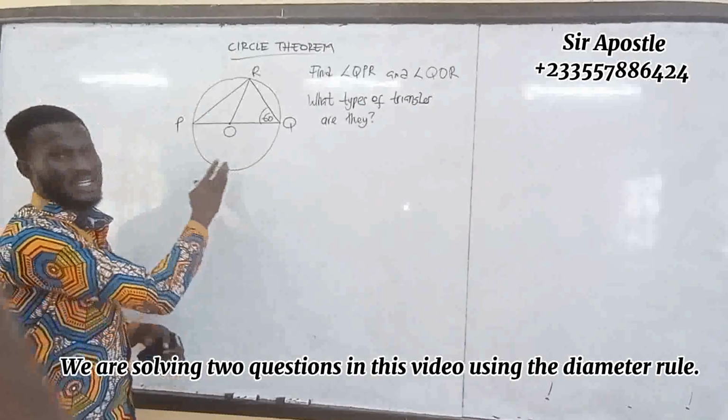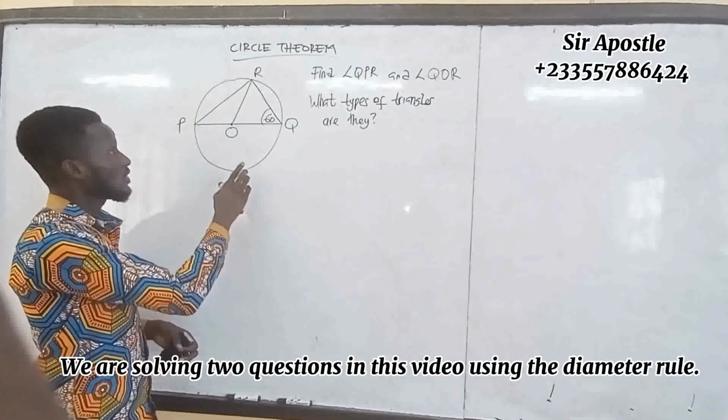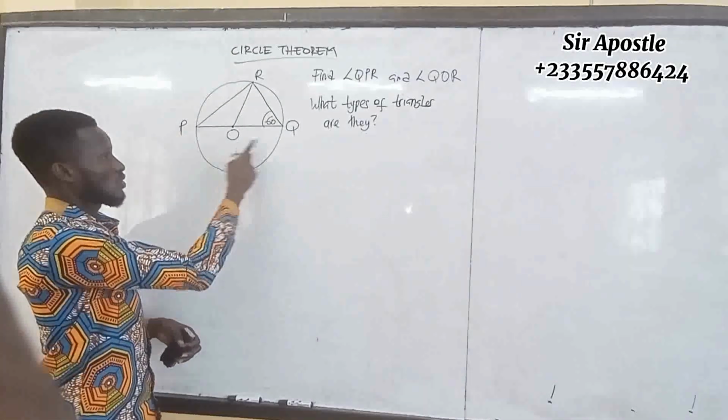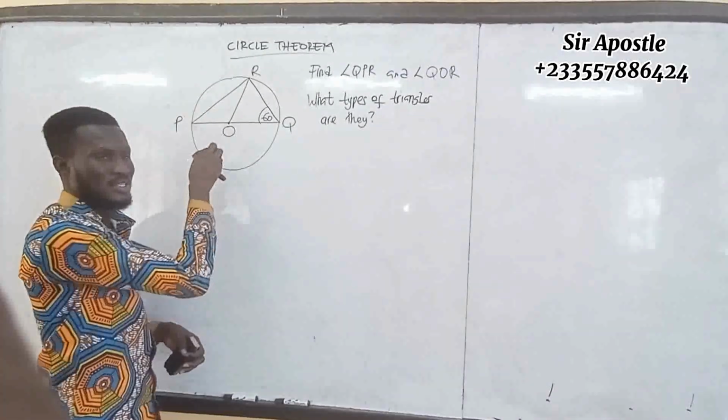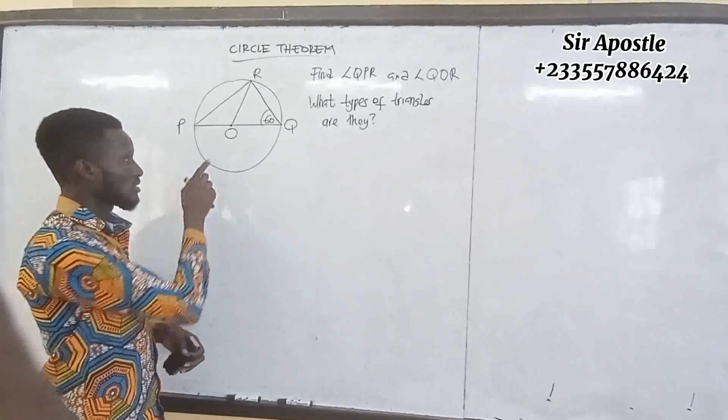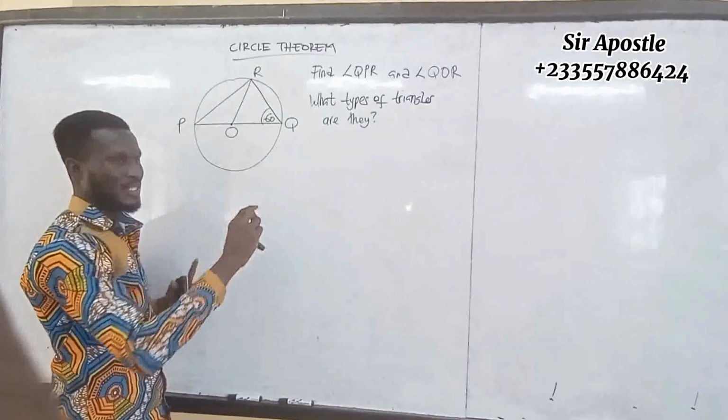Now, if you look at this question very well, we have POQ. This O is the center of the circle, and PQ is the diameter.